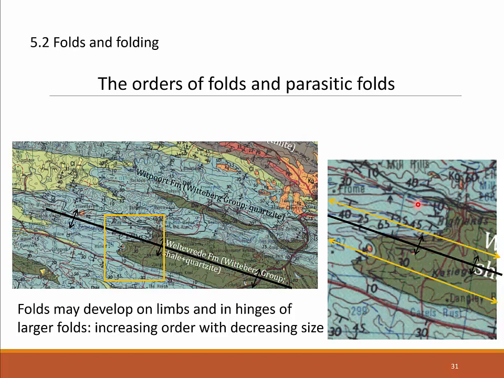The same applies to a position approximately here. Also here in this region we find a younger layer surrounded on either limb by older strata, and these are second order synclinal folds that are parasitic to the larger scale anticline.